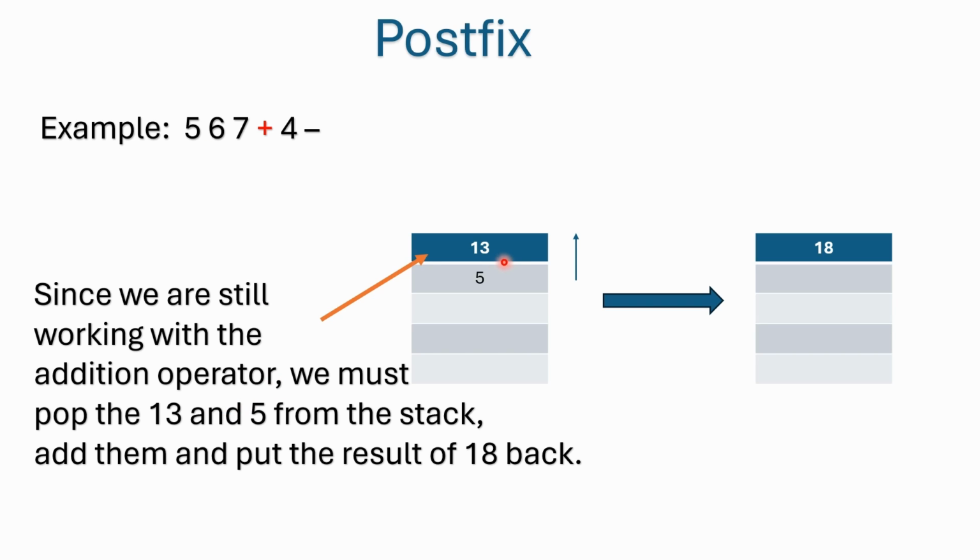So now we need to pop the 13 and the 5 from the stack and then put the result of that addition back onto the top of the stack. So here we're taking 13, adding it to 5 and getting 18, and now the top of our stack has an 18 on it. And if you notice, that's the same thing as adding 6 plus 7 plus 5, or same thing as adding 5 plus 6 plus 7, basically.